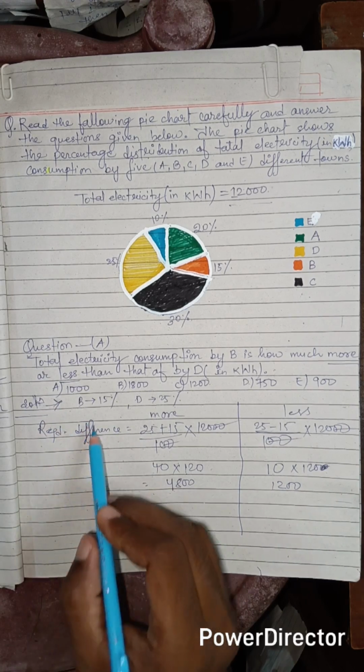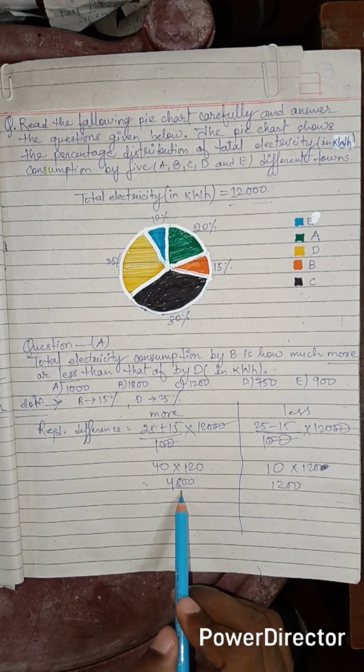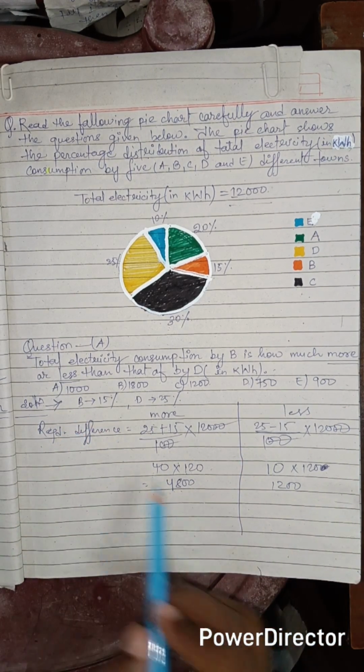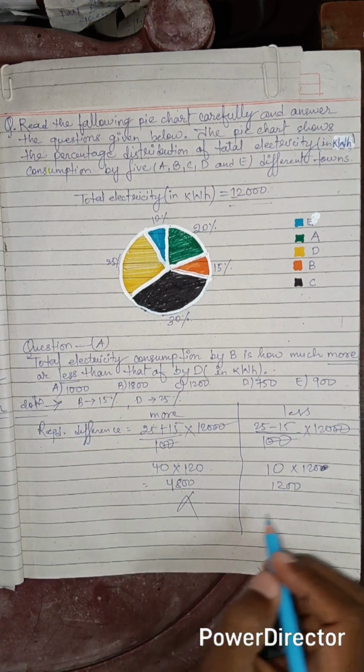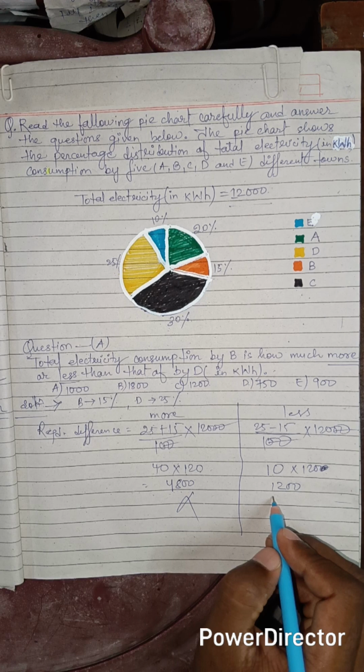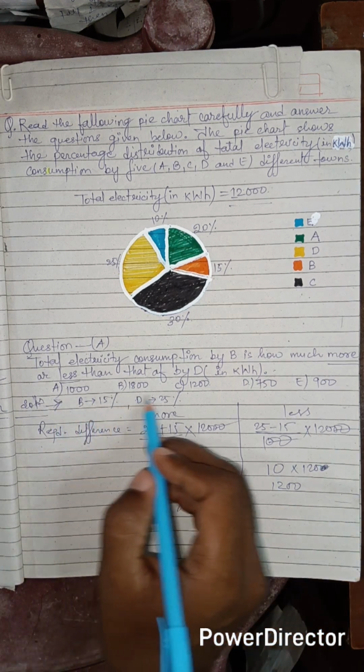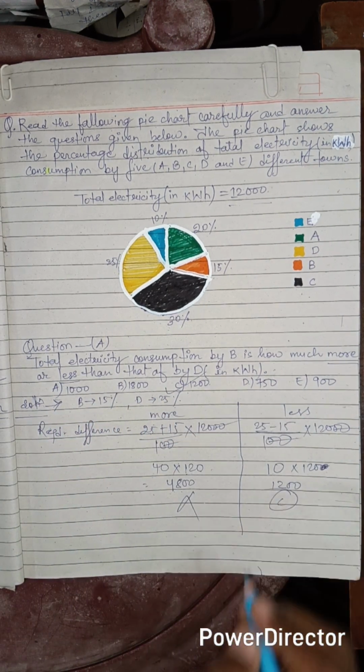We go to the options. There is no 4800, so 4800 is not the answer. We go for 1200. Yes, we have 1200, therefore the answer is option C.